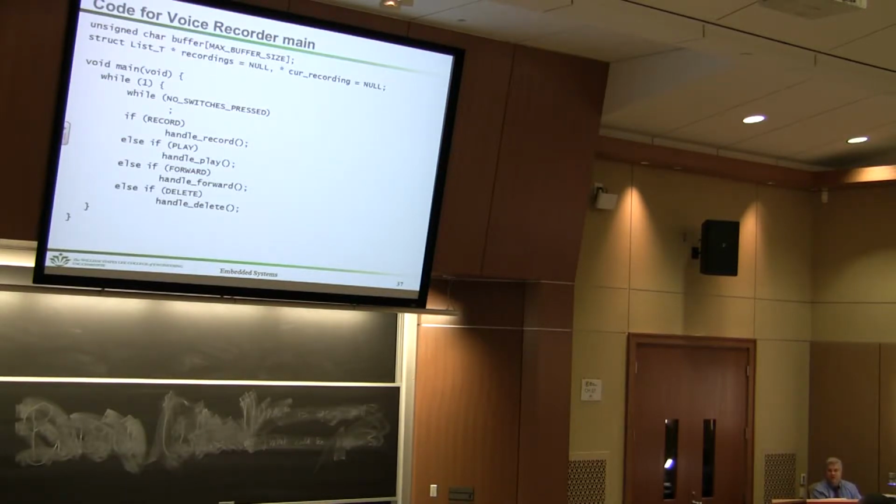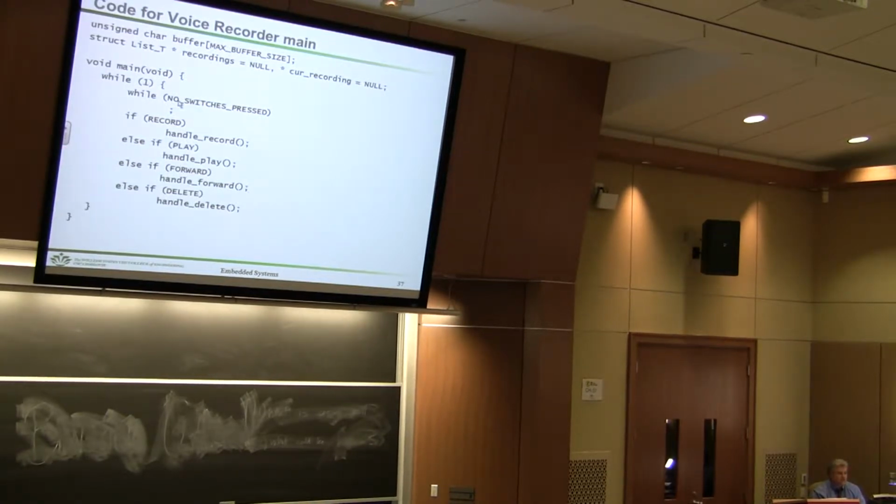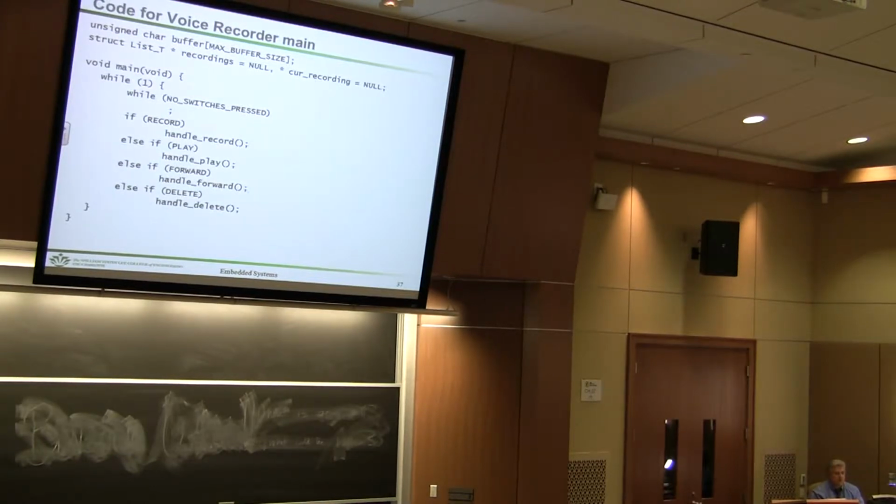So here's our system, and it will do the following. While those switches are not pressed, it'll just stay in this one line until somebody presses a switch. Remember, this is our answering machine, or our recorder, I mean.